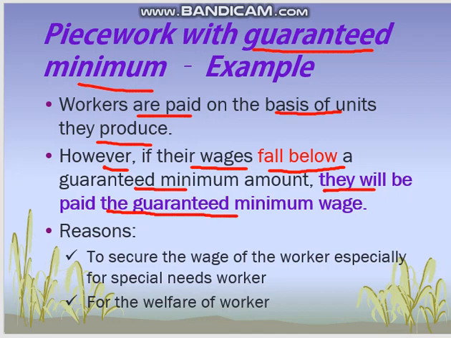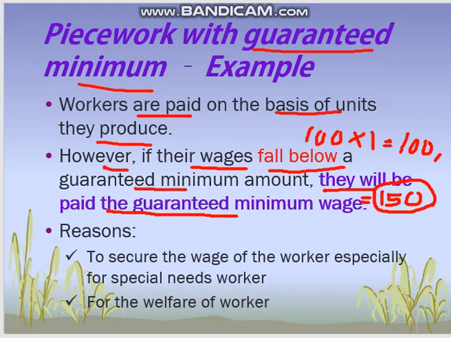For example, if an employee produces 100 and the rate is 1 ringgit, we would pay 100. If this worker is guaranteed 150 ringgit, we couldn't pay 100. We should pay 150 ringgit as the minimum guaranteed, because it is the lowest the person should get.